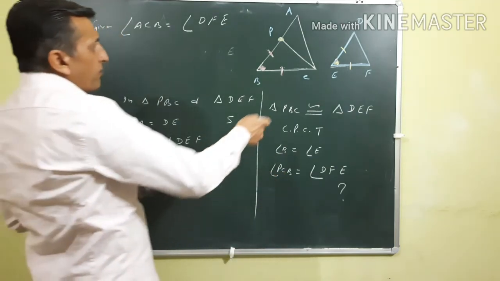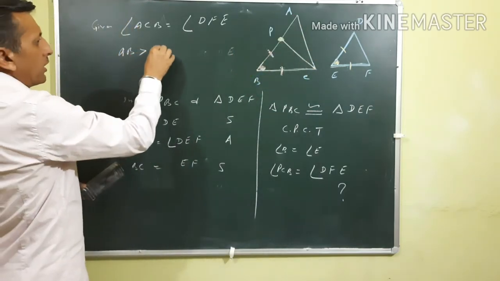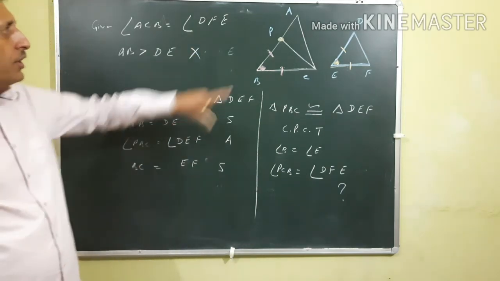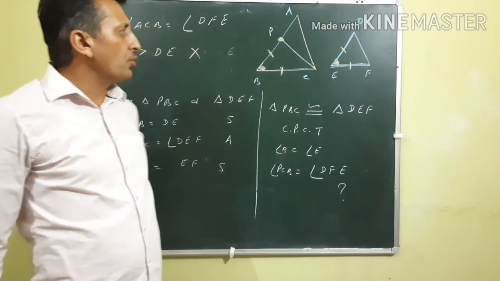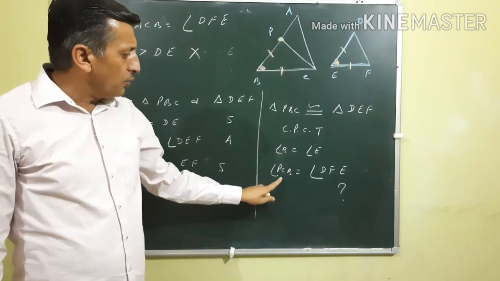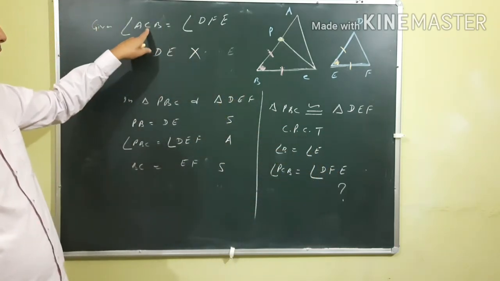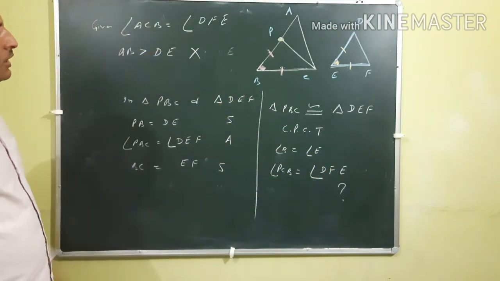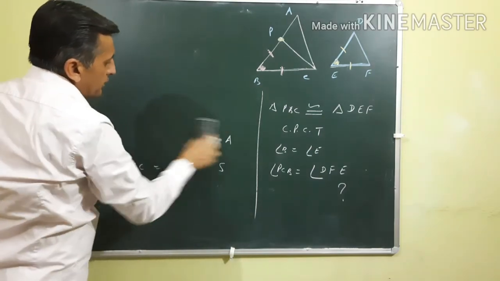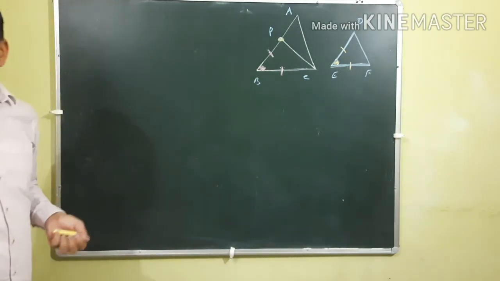So if you have taken AB greater than DE, that is wrong. That means AB is always equal to DE. Because if we take a larger one, then these two angles are equal, but that is a contradiction to your given part. So this is the second case he has proved in your book.